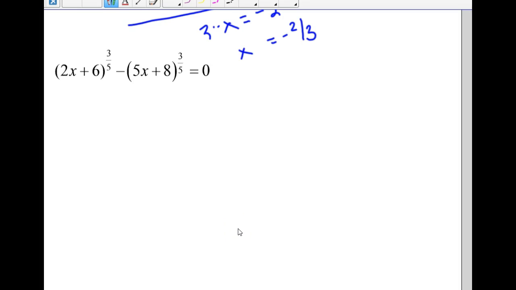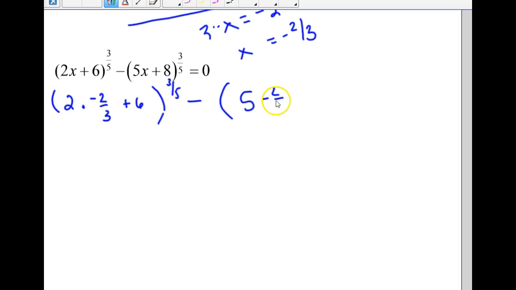Okay, so we're going to start substituting in. I have 2 times negative 2/3 plus 6, and that's to the 3/5 power, minus 5 times negative 2/3 plus 8, that's to the 3/5.